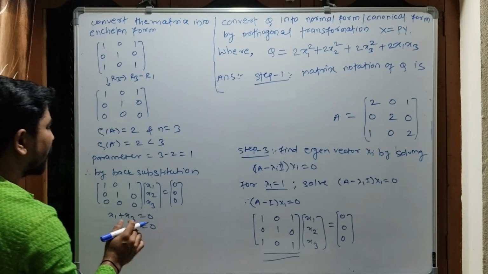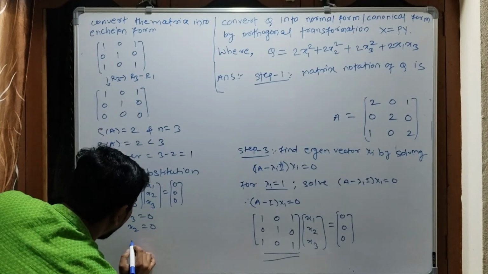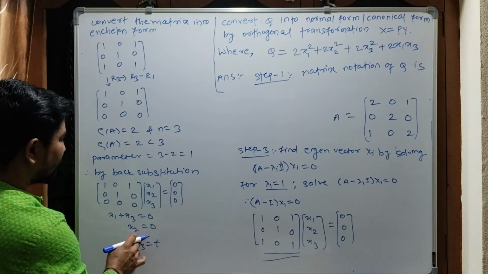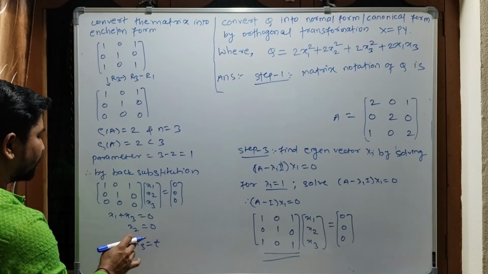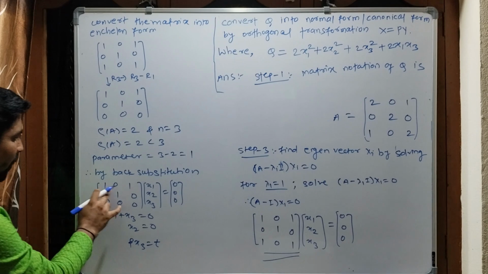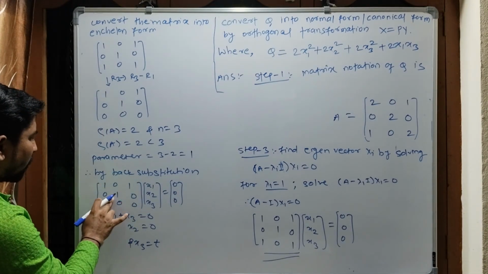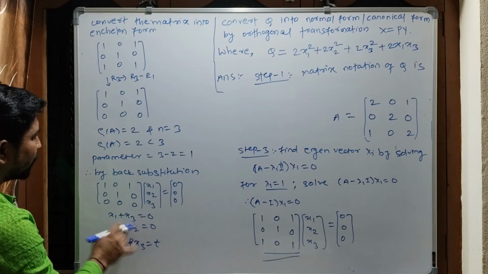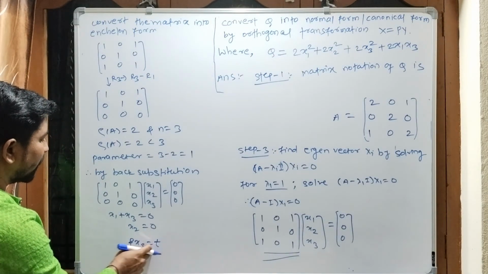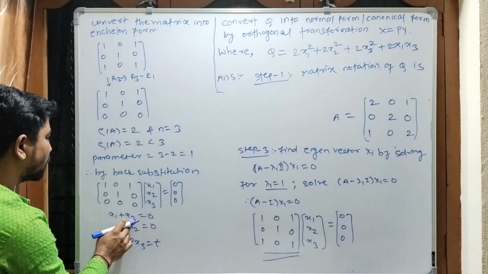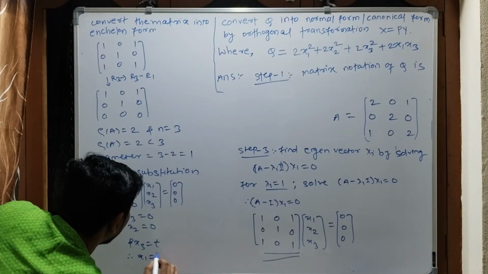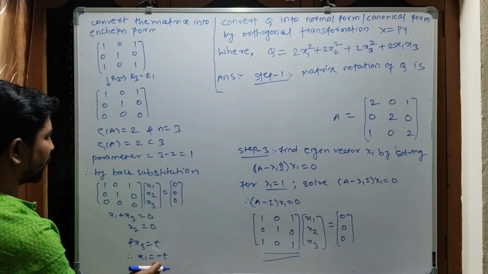Now we assign one free parameter, x3, as the parameter t. From x1 plus x3 equal to 0, x2 equal to 0, and x3 as t, just put the value of x3 in this equation. Therefore x1 equal to minus t.